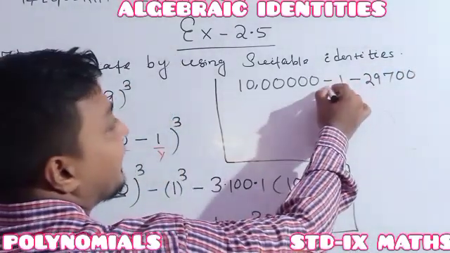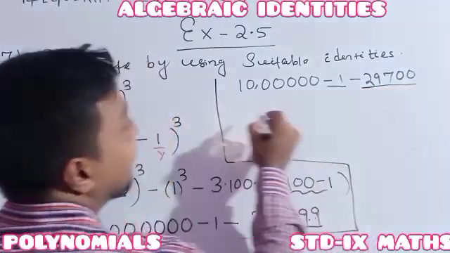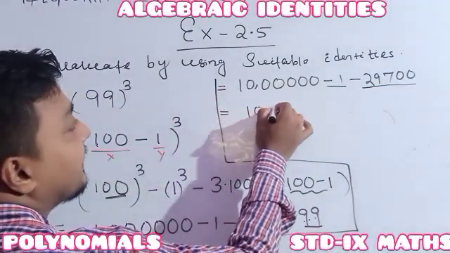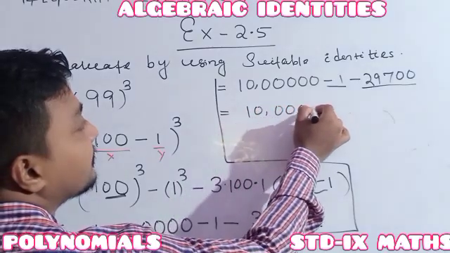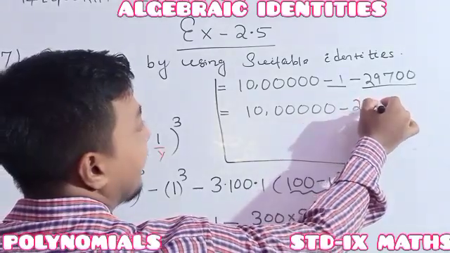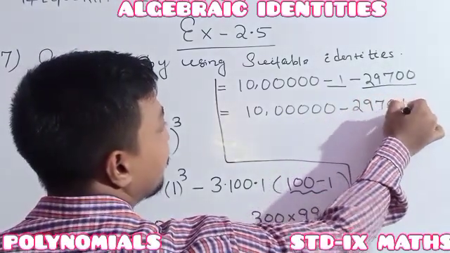This one is negative, also this one is negative. So directly I am writing this one, it is 10 lakhs minus 2 9 7 0 1.